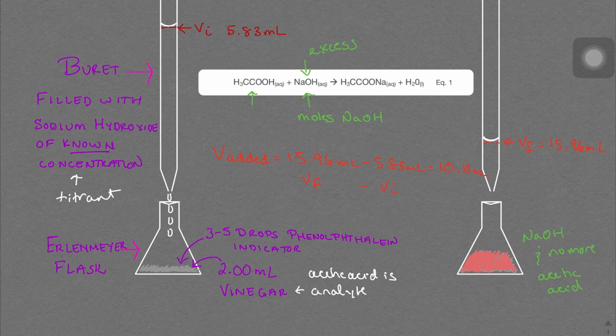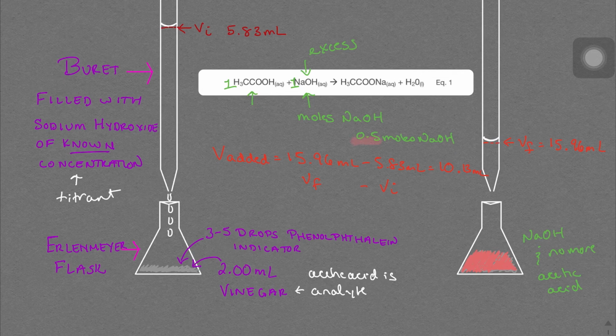And since out front here, it's 1 mole of sodium hydroxide reacts with 1 mole of acetic acid, say, for example, we calculated that we had 0.5 moles NaOH is what it took to react away the acetic acid. That means we know that we had 0.50 moles of acetic acid initially.